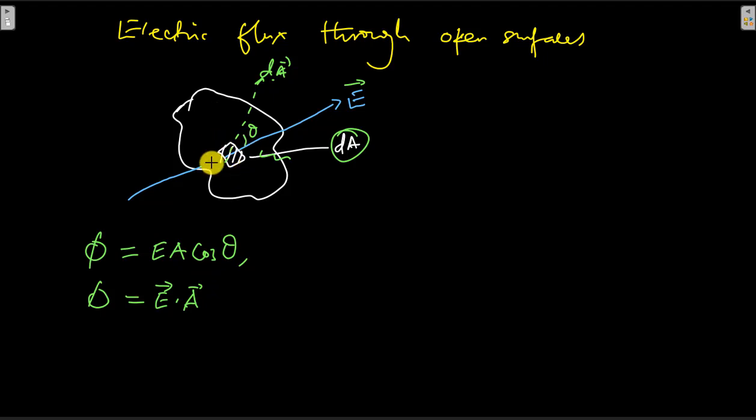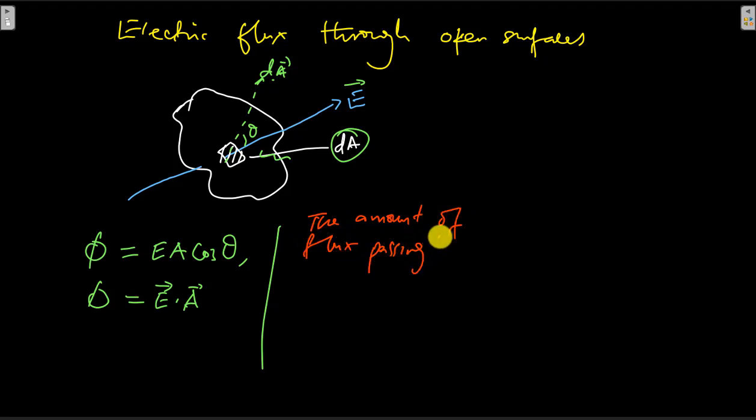So the amount of electric flux passing through the area dA, let's see what that is. The amount of flux penetrating through a small area dA, let's call that d phi, is going to be given by the electric field E times the small area element dA.